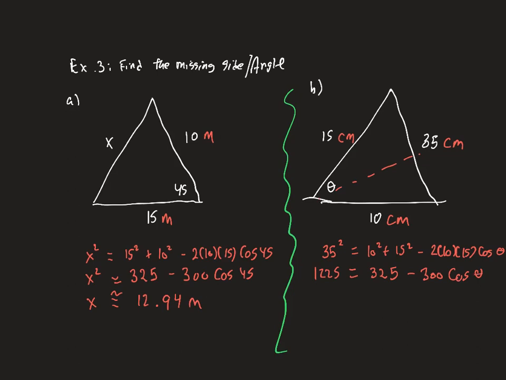Let's get the cosine of theta by itself, so let's move everything to the other side. So 1225 minus 325 is 900. Let's divide both sides by that. So that's 3, well, negative 3.